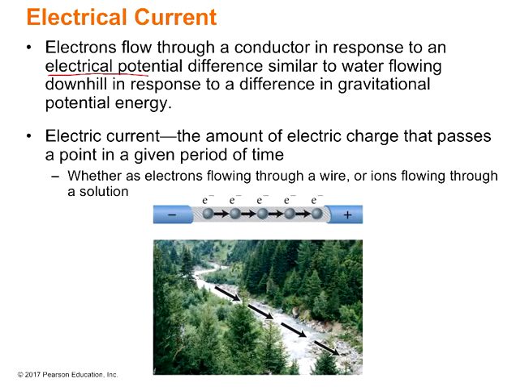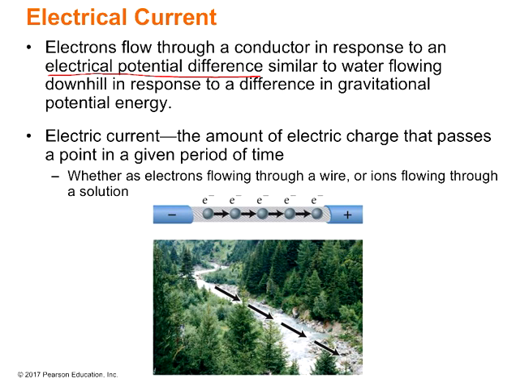This is similar to water flowing downhill in response to a difference in gravitational potential energy. So, electrons, similar to water, can flow as long as they can flow in a spontaneous way. Now, sometimes we can force them to flow in a non-spontaneous way, but typically we want to use as little energy as possible for an electron transfer.